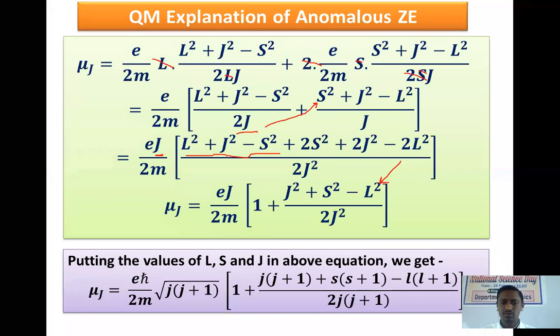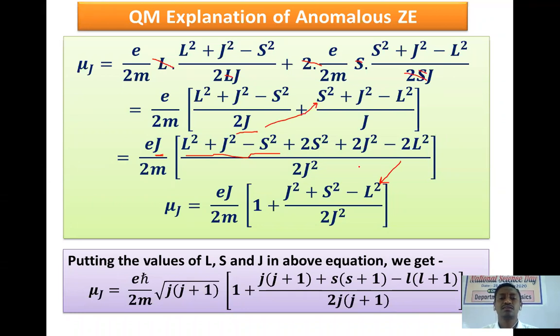So j square plus 2j square, that is 3j square. 2j square plus j square is 3j square.